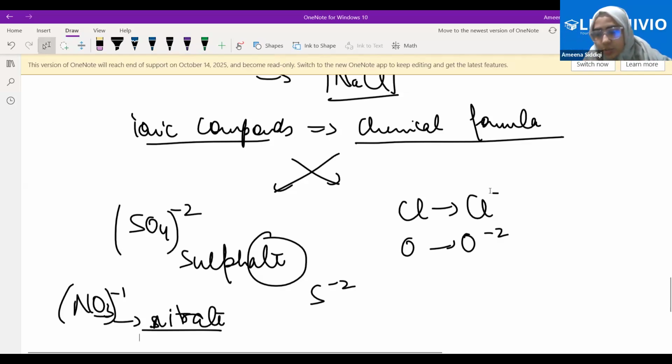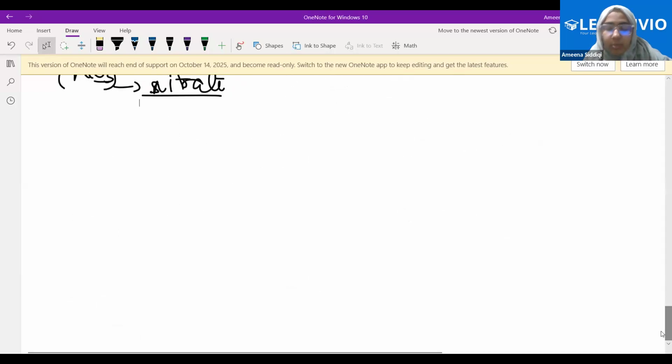Okay, so please try to find the chemical formula when sodium is reacting with the carbonate ion. I'll not tell you the formula for carbonate, you will use it yourself. Those are the two ions, one is positive, the other is negative.